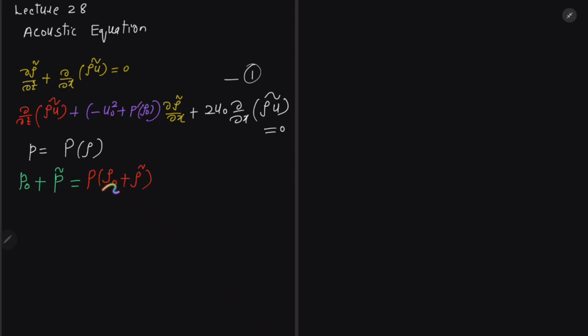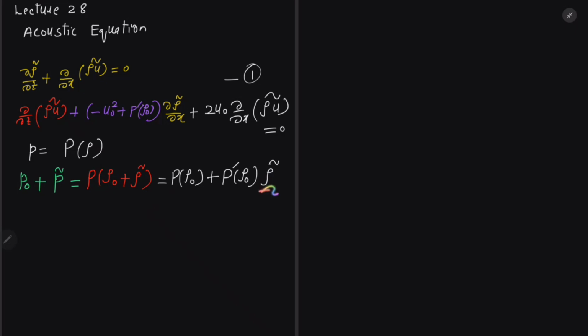As you know, whenever there is a sum, we can apply a Taylor series on this equation. So the Taylor series will be P of rho naught plus capital P dash rho naught and rho tilde.